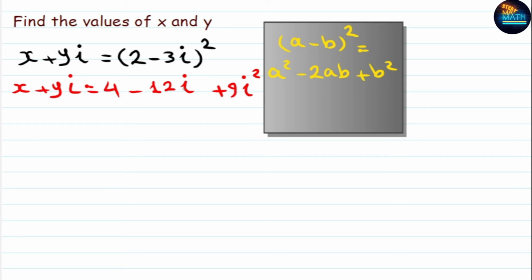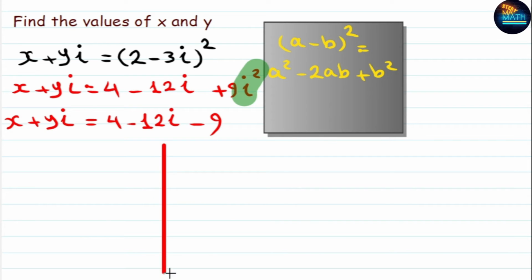Here you have i squared, by the way, and you remember, i squared is equal to negative 1. So negative 1 times 9 is negative 9. So x plus yi is equal to 4 minus 12i minus 9. Now, where are the real parts?